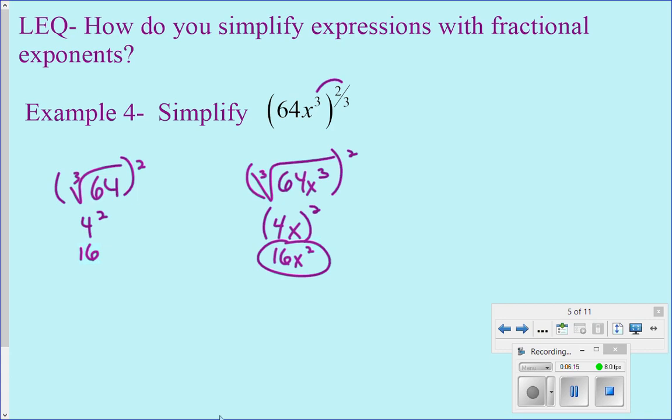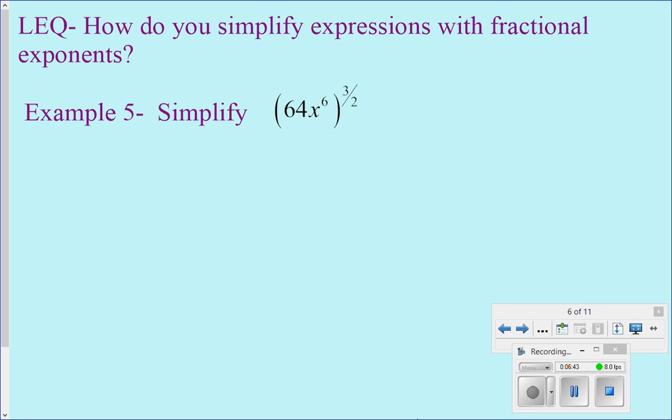And when I multiply 3 times 2/3, I get 2. So I could figure out that it's x squared using that approach rather than putting the x cubed root of that and then squaring it. So to get the exponent for the variable, you can use either approach. You can either multiply the exponents, or you can put it underneath the radical with the number as well. So that takes care of that one.